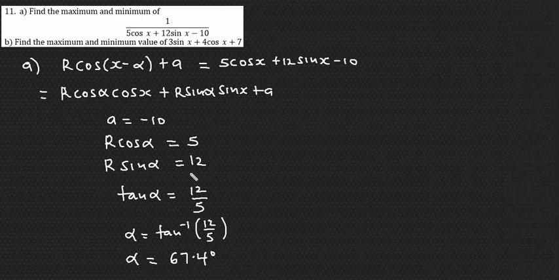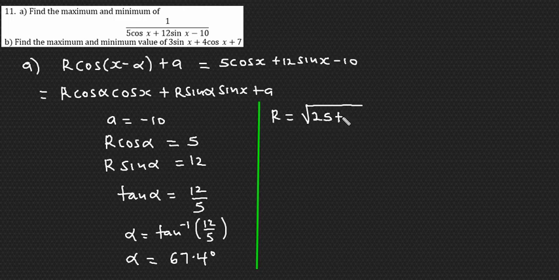So now let us look for r. What we have to do is get the square root of 5 squared, which is 25, and 12 squared, which is 144. So our r is going to be equal to the square root of 169. So we get r as 13.